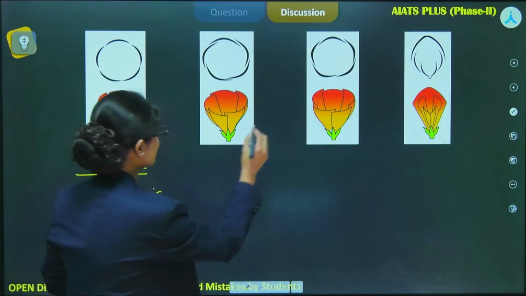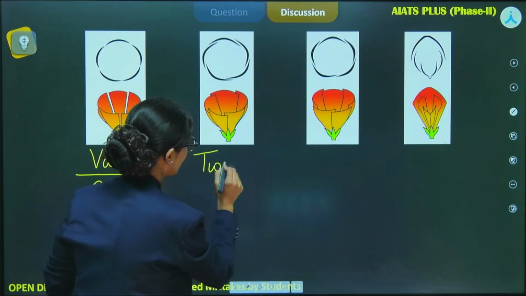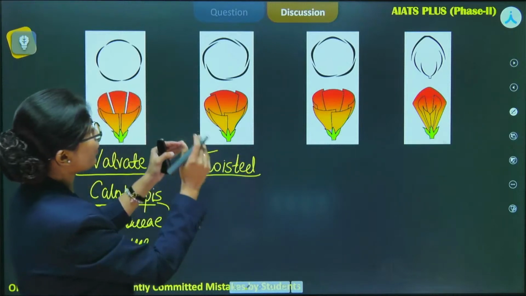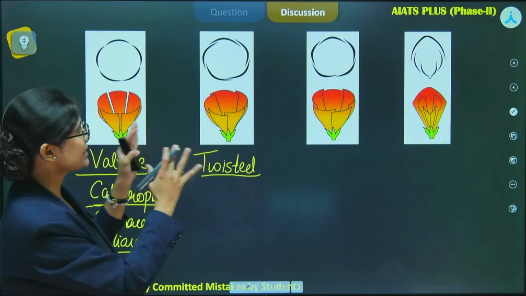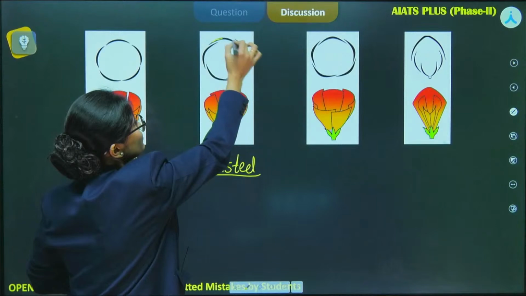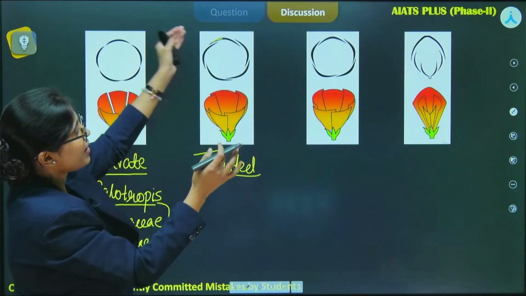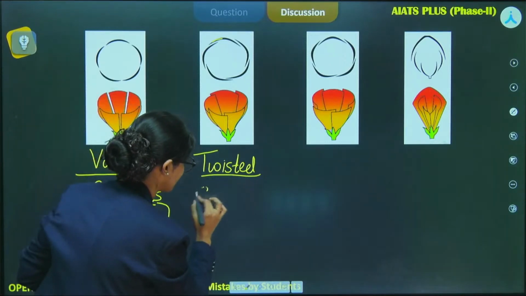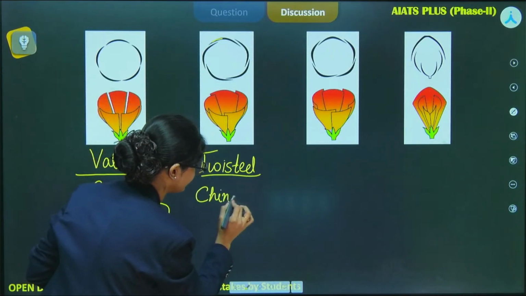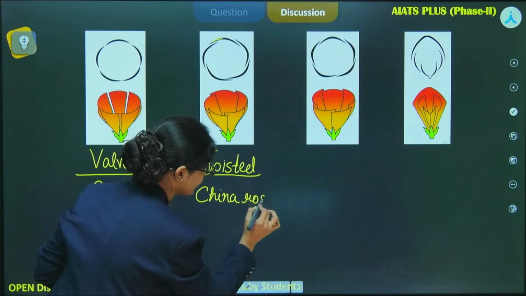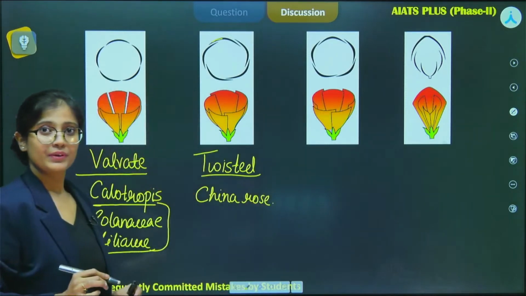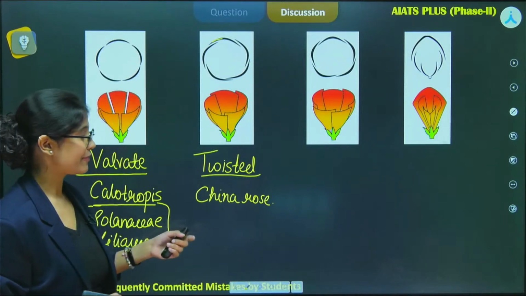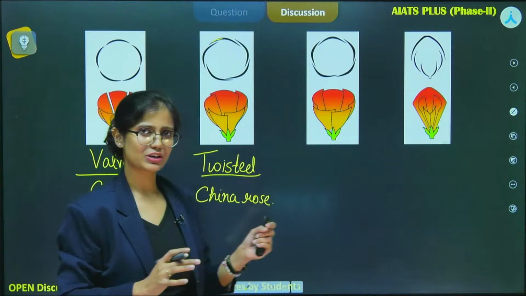Next one is twisted aestivation, where we can see that sepals or petals are overlapping each other in a very defined manner. This is the first one, the next one is overlapping the previous petal, and likewise. It is observed in China rose. Right? In China rose, which is a member of the Malvaceae family, a very beautiful aestivation is observed.